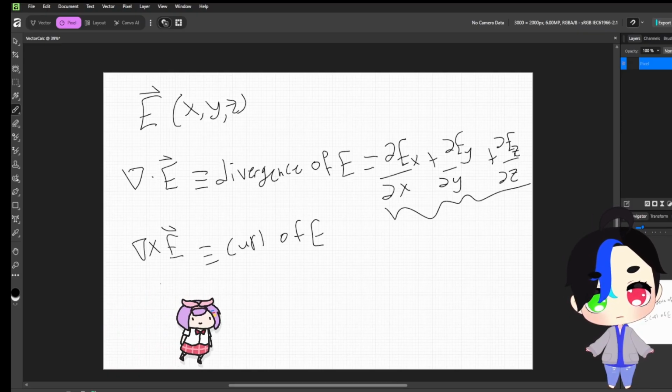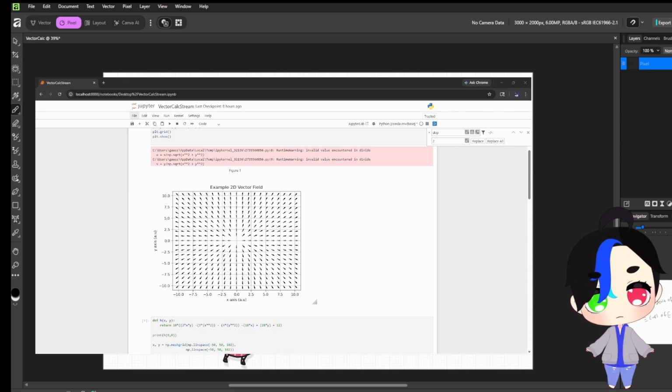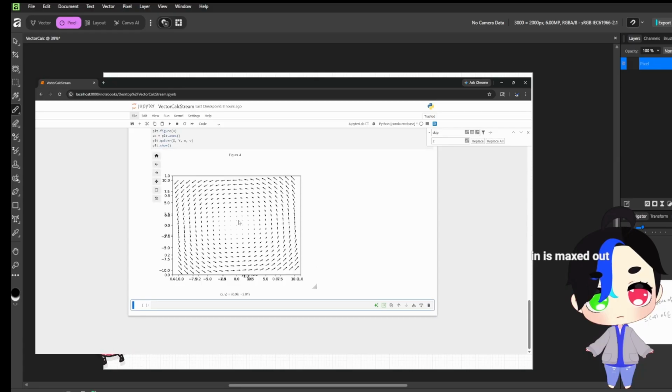And what I mean by that is, if we go back to this example, as you can see, all these vectors point away from the origin. So that means that this origin is the source of the vector field. So if I were to take the divergence of this, I would get a non-zero number because it has a source. In contrast, if I had a vector field like this, as you can see, these vectors aren't pointing away from the origin, they're just simply rotating around it.